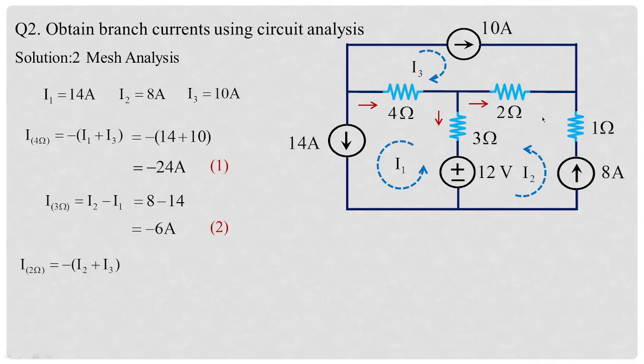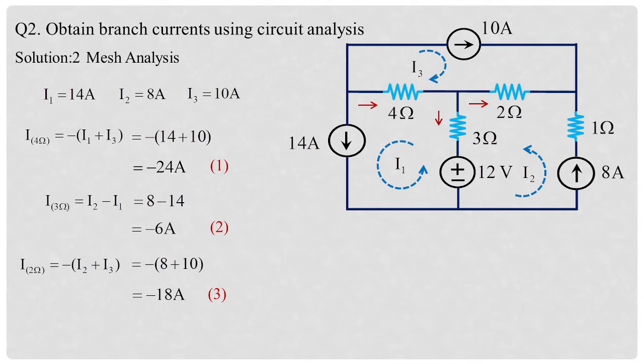Now tell me the value of the branch current which is flowing in 2 ohms, that is minus. Why minus? Because I2 is opposite to the brown arrow, I3 is also opposite to the brown arrow, so minus of I2 plus I3 will give you the value as minus 18 amperes. So you have seen that whether we apply solution 1 or this method under mesh analysis for this problem, we get the same result.